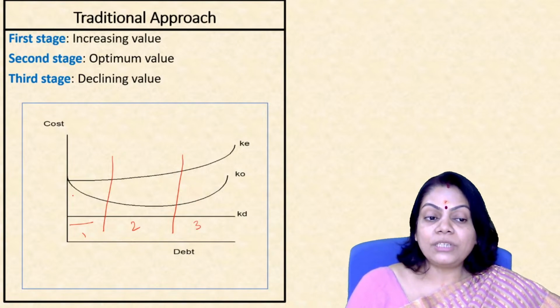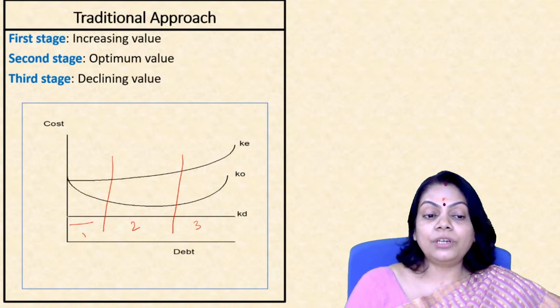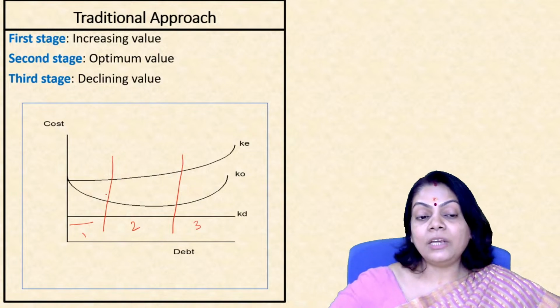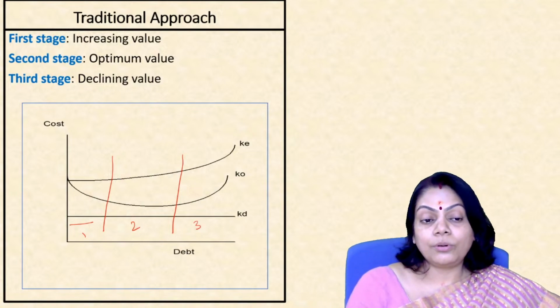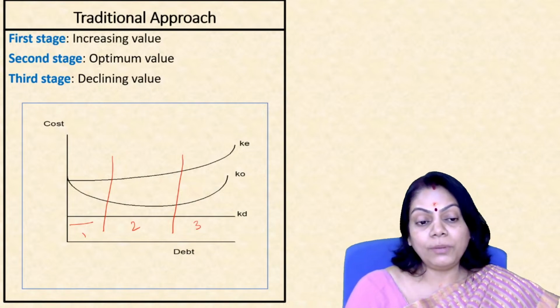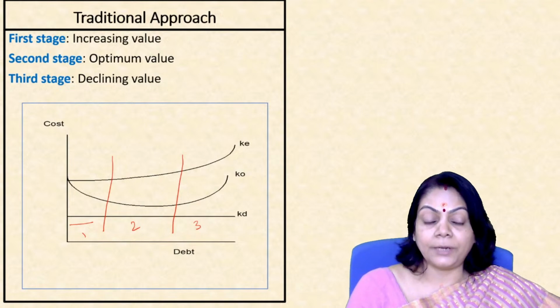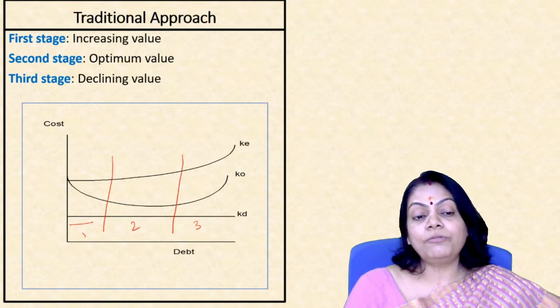Now, cost of equity is higher than my cost of debt. As I go on from starting with no debt to employing a little bit of debt, cost of equity is high, cost of debt is low. So at this stage, my overall cost of capital will be reduced due to the impact of the cheaper debt. So the overall cost of capital will fall initially.